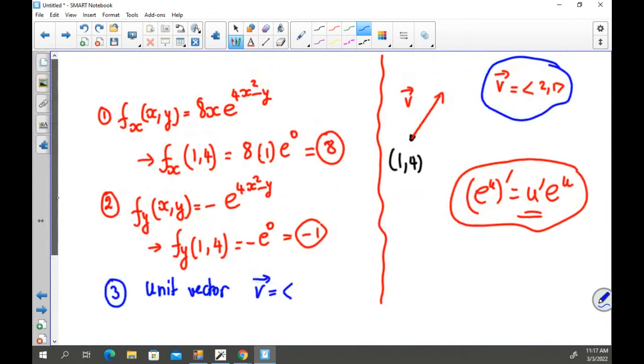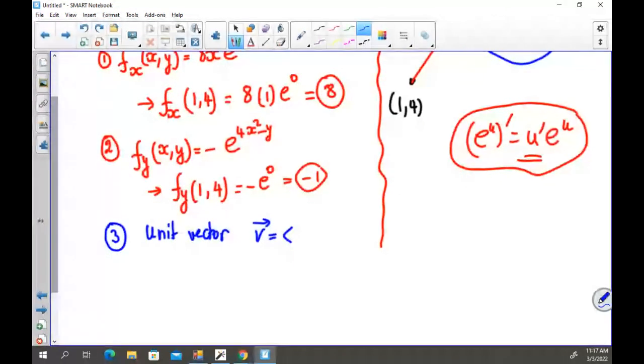v is (2, 1). So the unit vector u will be 1 over, you remember how to find the unit vector? I hope you do. It's 1 over the magnitude of v. What is the magnitude of v? Square root of 5.